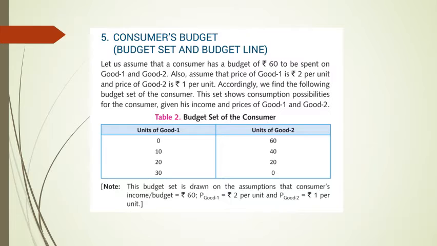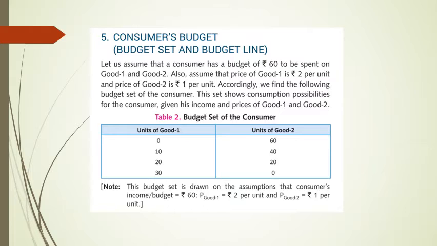If he spent entire income on the purchase of good 2, he shall be able to purchase 60 units of good 2 as the price of good 2 is rupees 1 per unit.